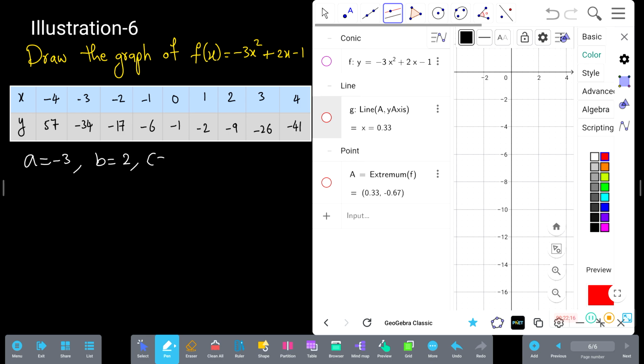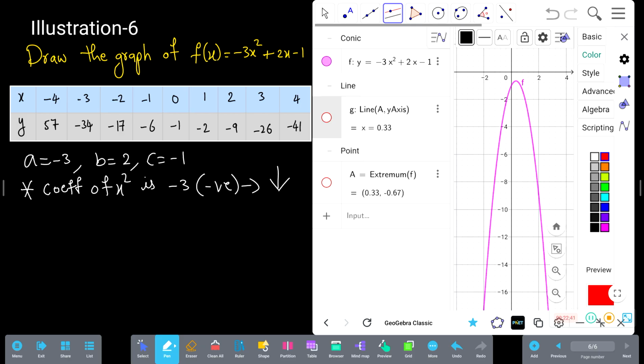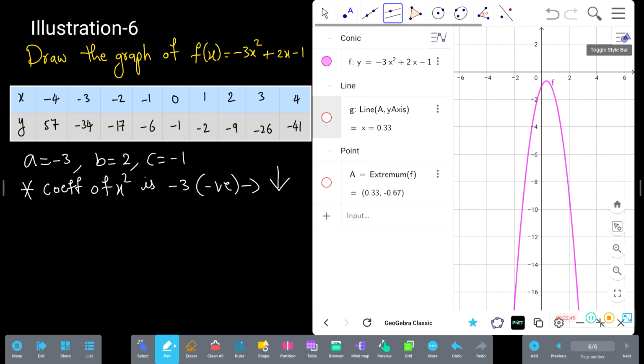In this, the coefficient of x square is minus 3. This is a negative value, therefore the parabola will be opening downwards. See the parabola, it is opening downwards, right? Next, what is the vertex of this?